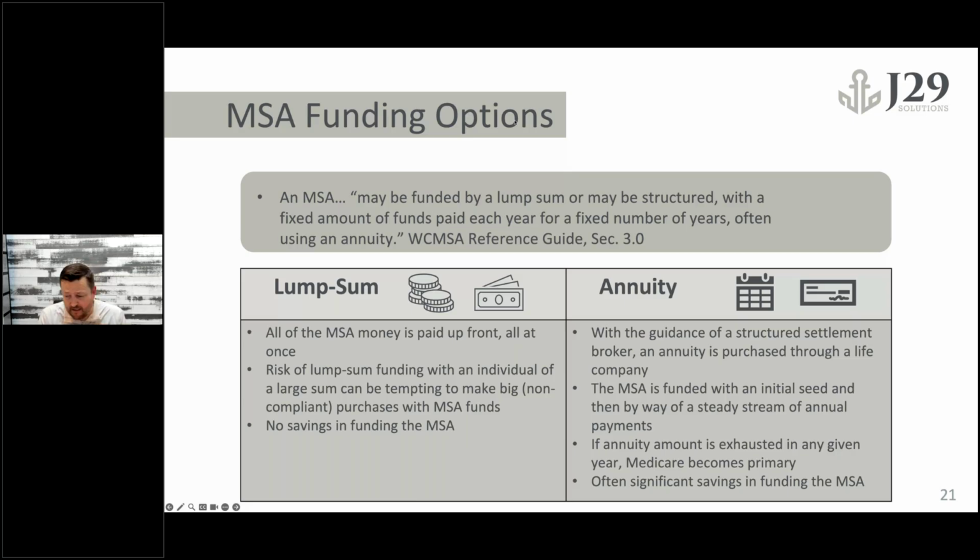And Medicare, I can promise you, does not pay for trips to Disneyland or cruises. So there's a risk, I think, of funding this thing upfront via a lump sum. But these are the options I wanted to articulate here that parties have to fund these. So that's funding. And then on the next slide, I believe we're going to talk about administration.